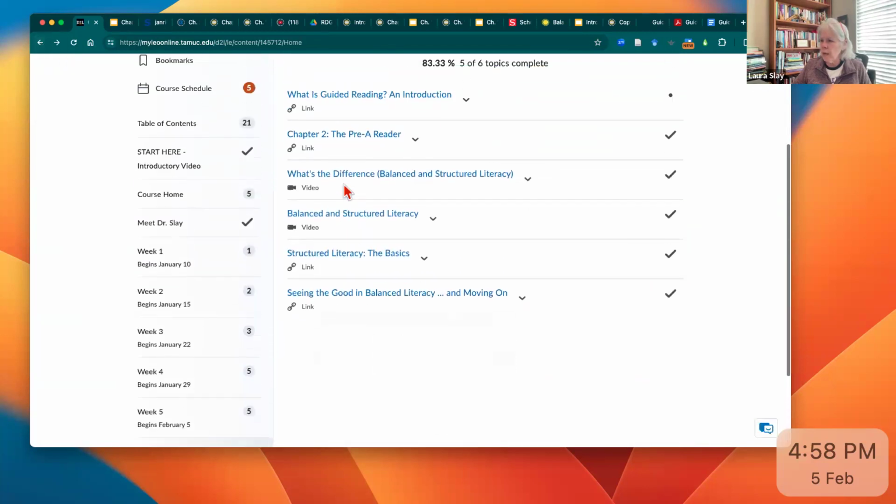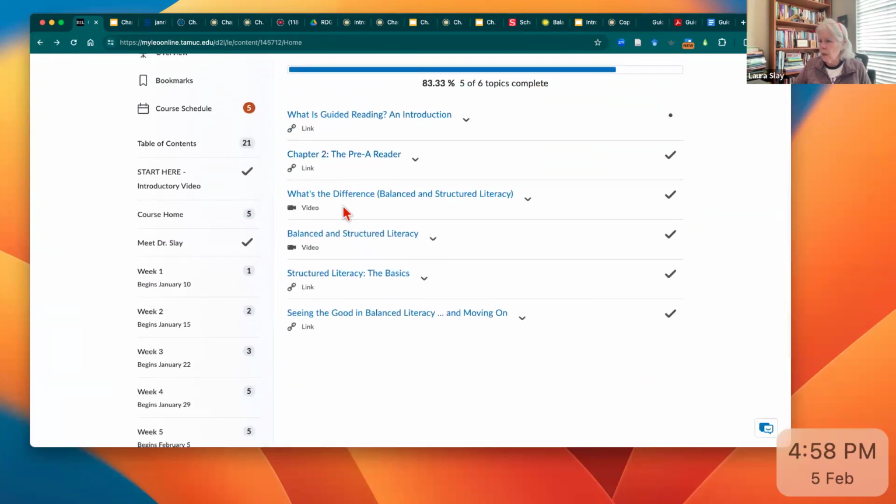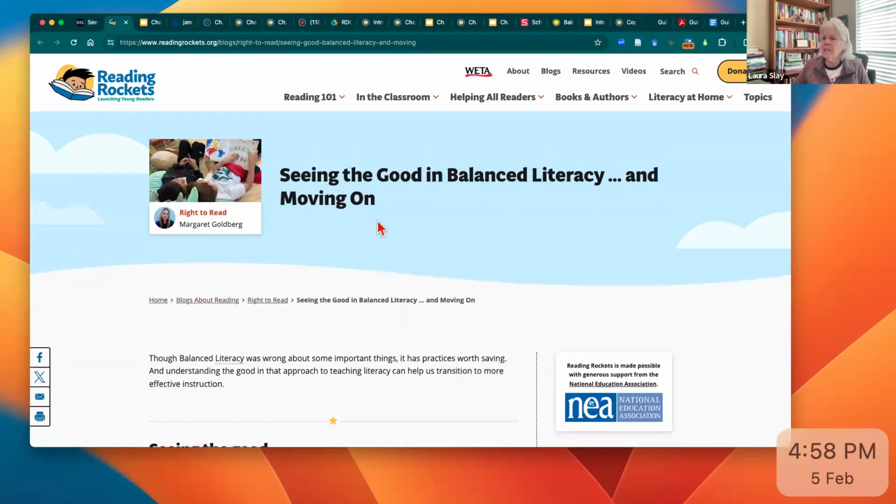Let me show you where that is. Up here, these are links: Structured Literacy, the Basics, and Seeing the Good in Balanced Literacy and Moving On. That's the title. So let's find the good, because there's a lot of balanced literacy bashing going on.